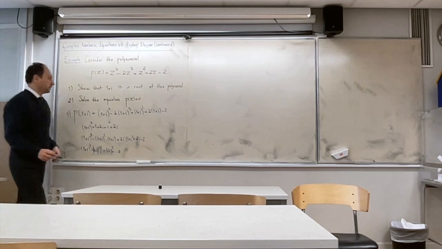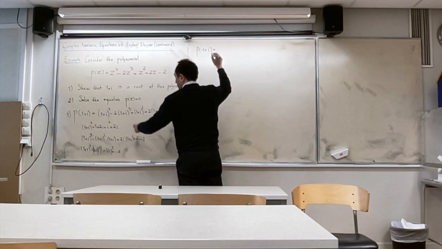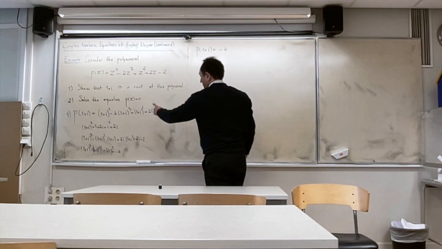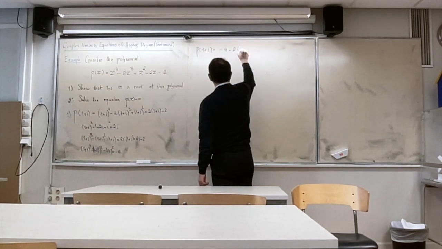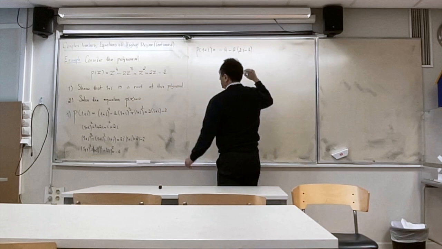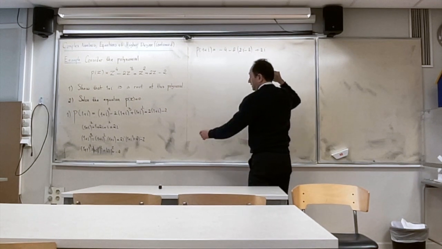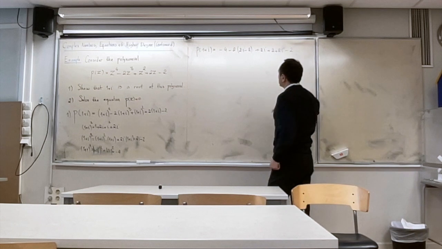Okay, therefore P of 1 plus i is equal to, the first one is minus 4, the second one is minus 2 times 2i minus 2, the next one is 2i, the next one I multiply 2 in, and then finally minus 2.